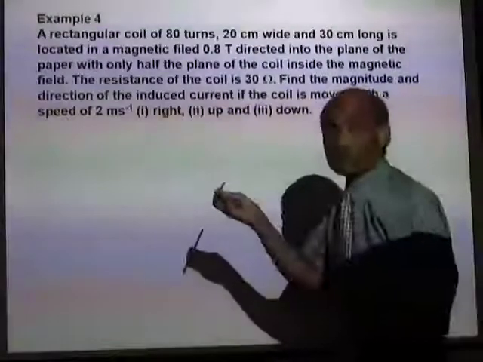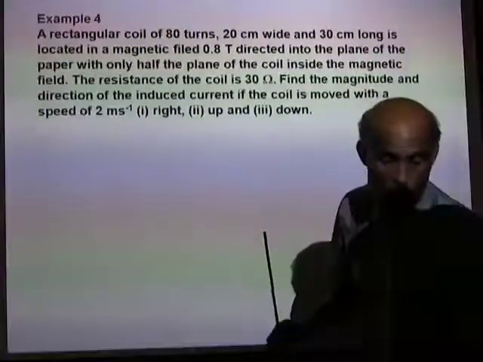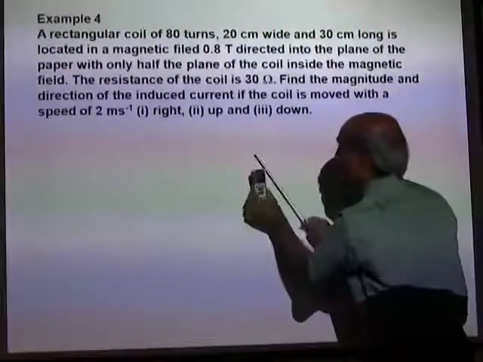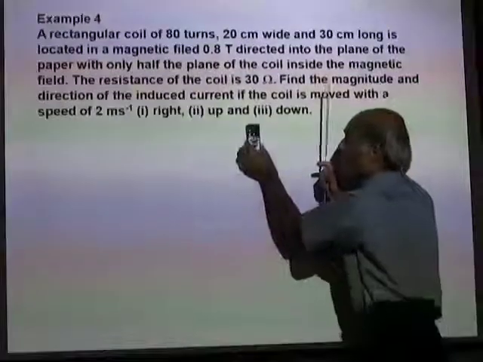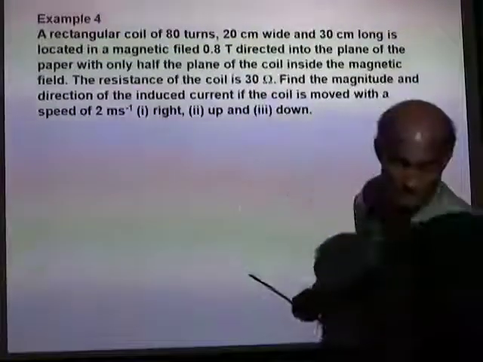Well, if you say the magnetic field goes into the board, the coil is situated like this. That's the coil, the rectangular coil, and the field is into the board, and the coil is going to be moving in and out of that field.